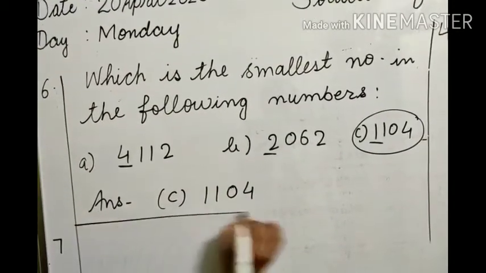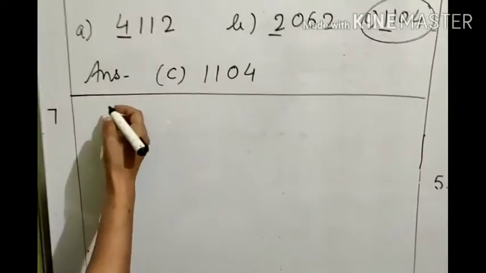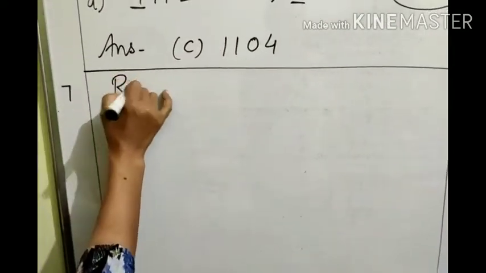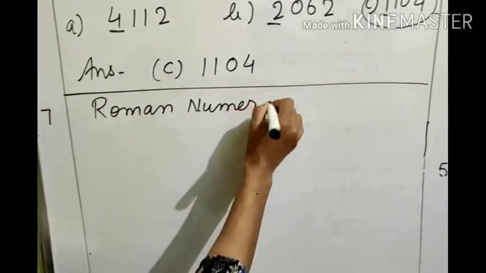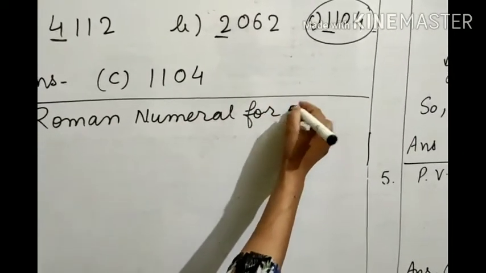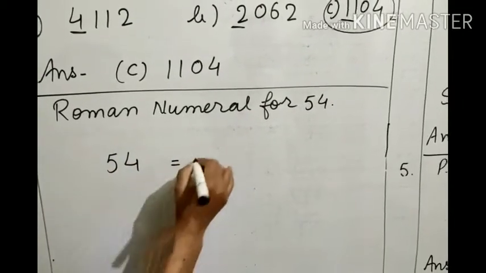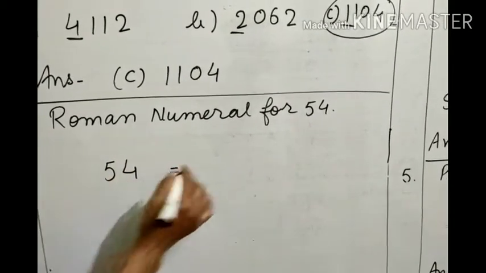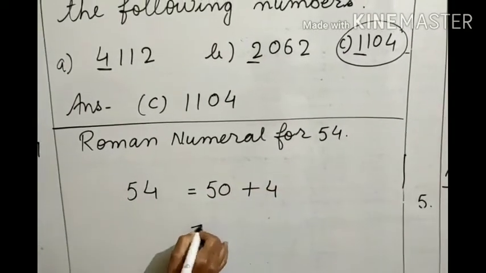Now question number 7. Write the Roman numeral for 54. We will break it into tens and ones. 5 tens means 50, plus 4.